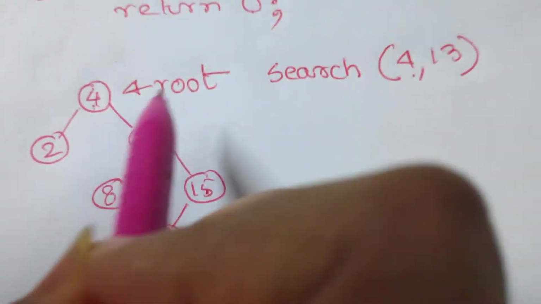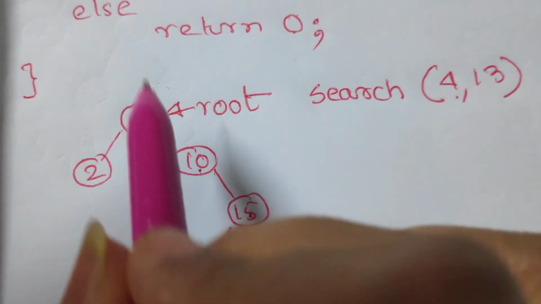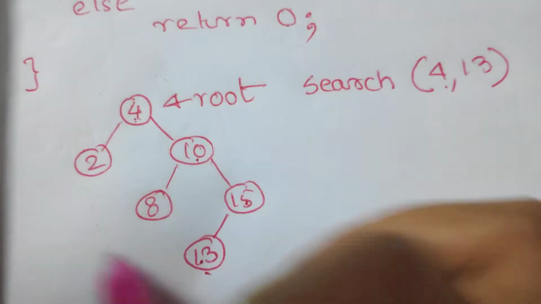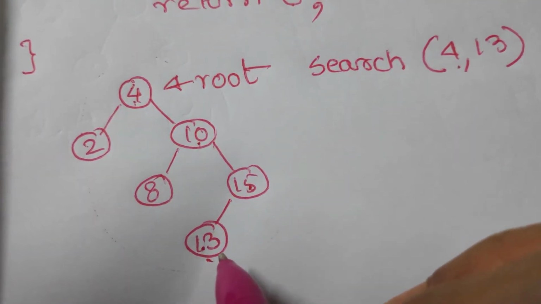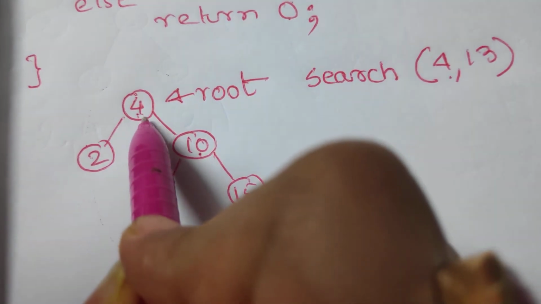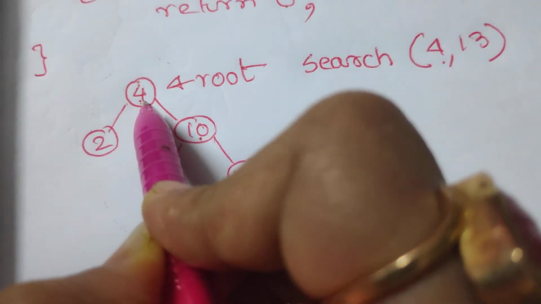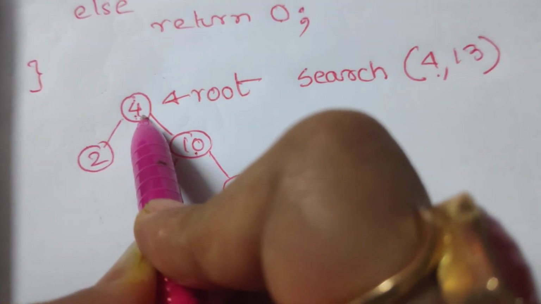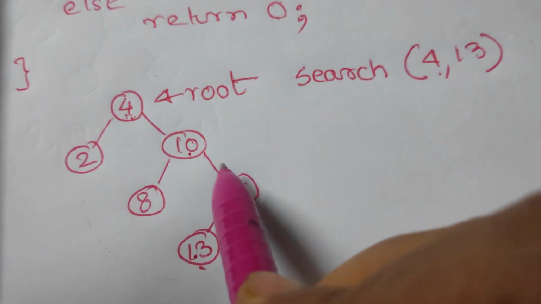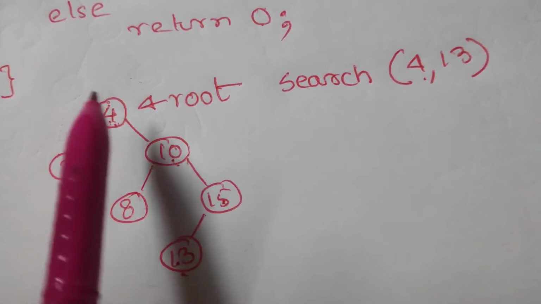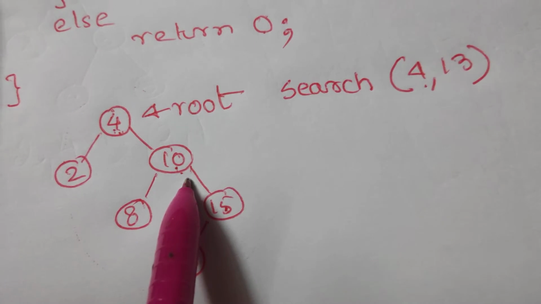Now when we are searching out a node in this binary search tree, how will you do that? Suppose we want to search out the number 13. You will come to this node. This is 4, correct? So 4 is lesser than 13, so obviously 13 will lie on the right hand side of 4. So you will go to the right subtree of 4.